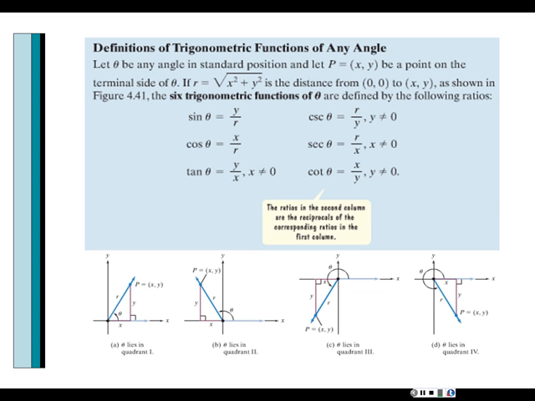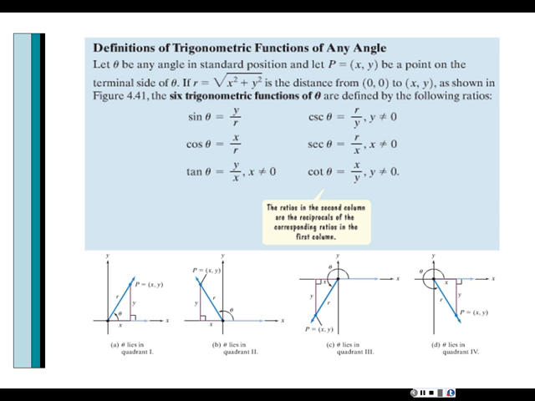If this is your x, this is your y and this is your r, you can always find r using this formula. The Pythagorean theorem applies only to the right triangle, and says that the square of the hypotenuse equals the square of the opposite side plus the square of the adjacent side.